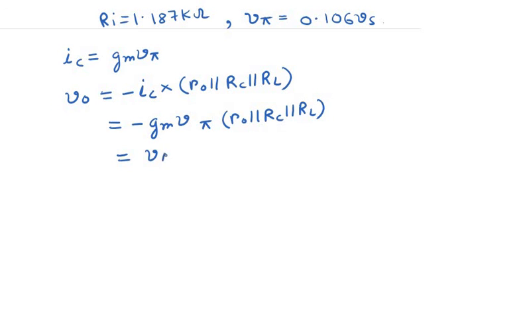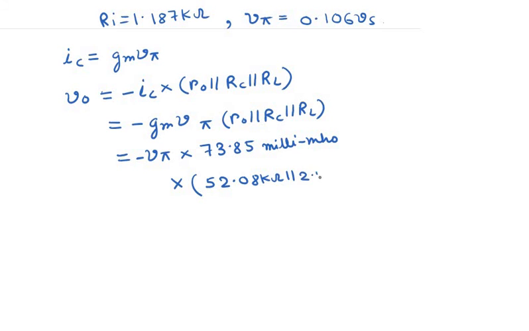Gm is basically equal to 73.85 millimho, multiplied by R0 parallel to RC parallel to RL, where R0 is 52.08 kilo ohms, RC is 2.2 kilo ohms, and RL is 2 kilo ohms.